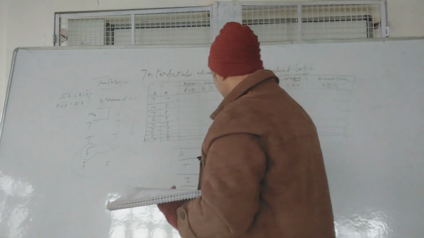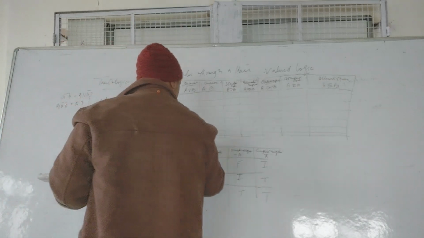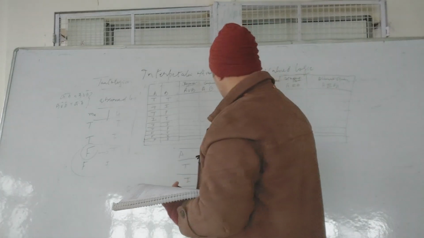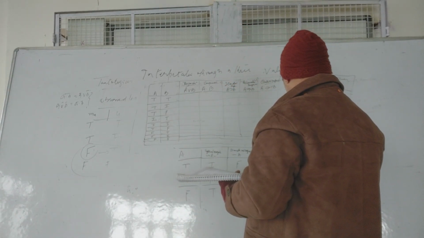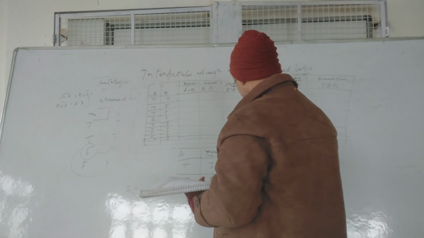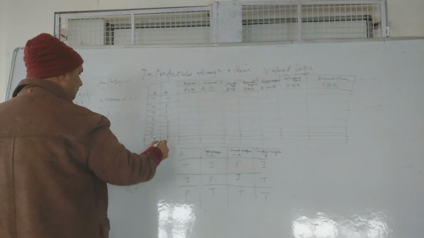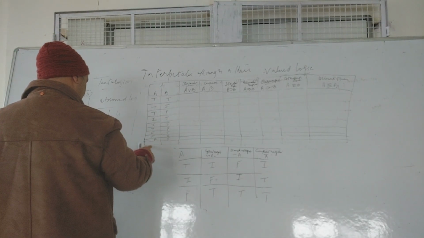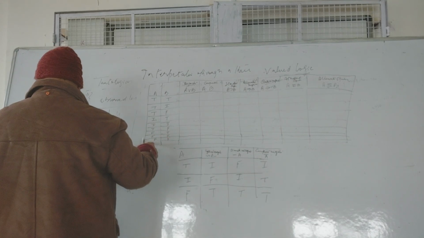So it's a bit. We can have, so you see, false, intermediate, false, false.